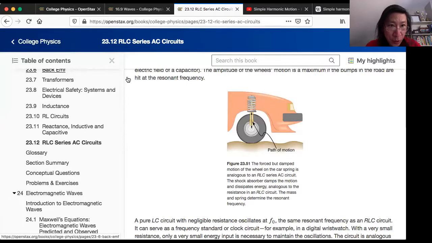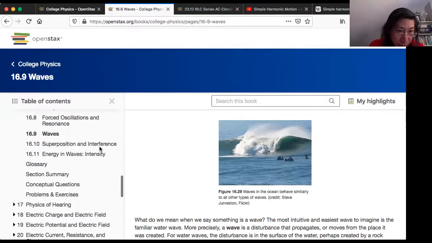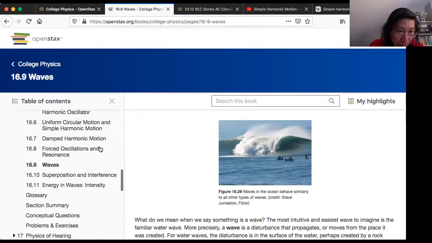It's based on oscillations. Okay, so in case you forgot about oscillations and you want to go back and remind yourself, feel free to do that. You do a pretty good job in the OpenStax textbook. The oscillation material is typically in chapter 16. So those of you who've taken Physics 1 already using this OpenStax textbook will be like, oh yeah, that stuff.